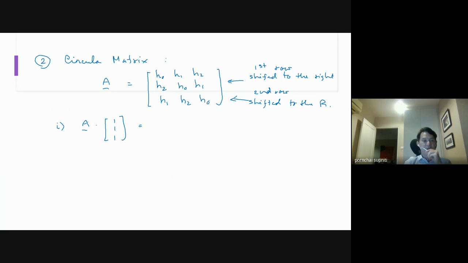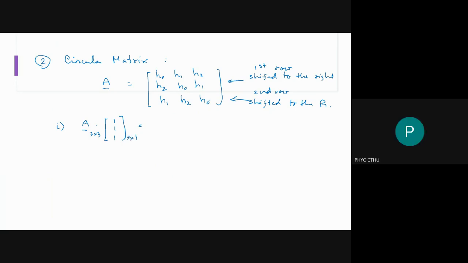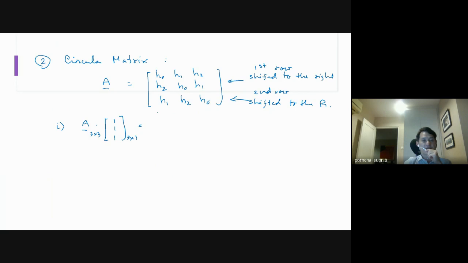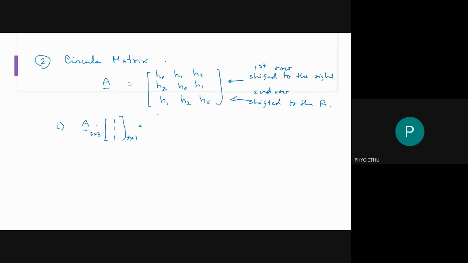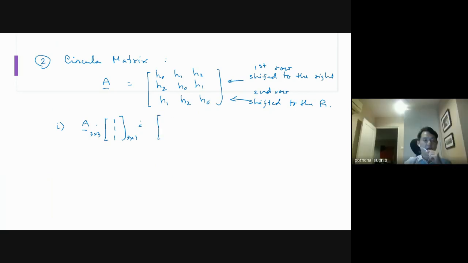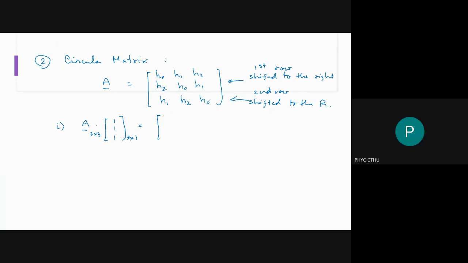This one has a dimension of 3 by 3, and this one has a dimension of 3 by 1, right? So I will get a 3 by 1 matrix. What do I get as the first row if I multiply A with 1, 1, 1 like this? It's H1.